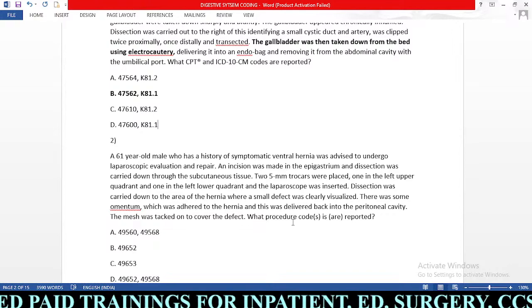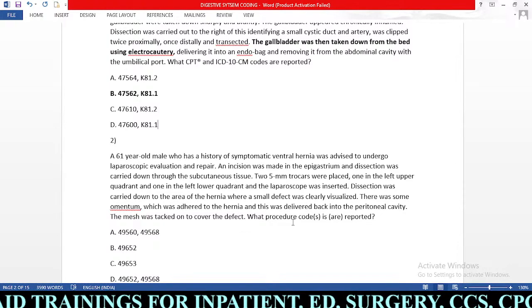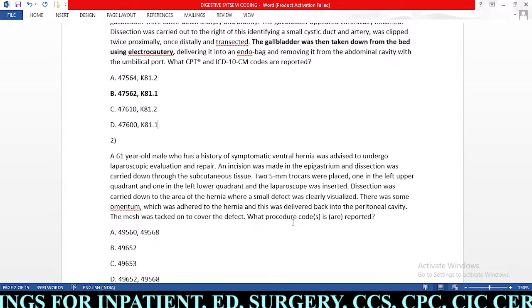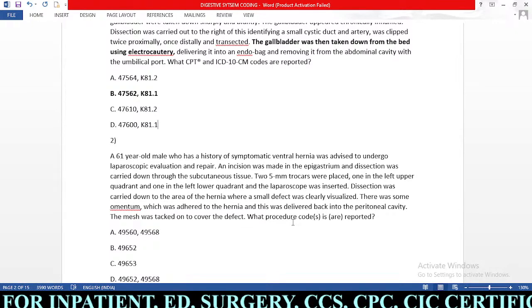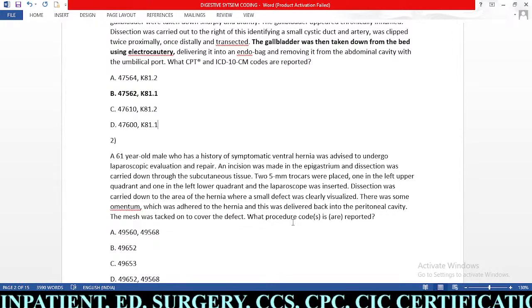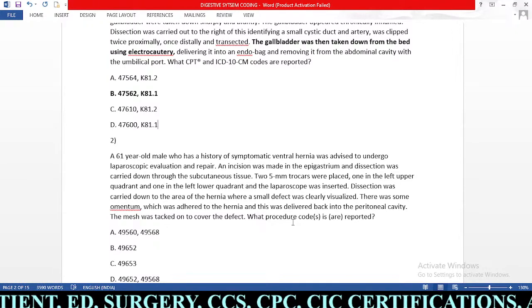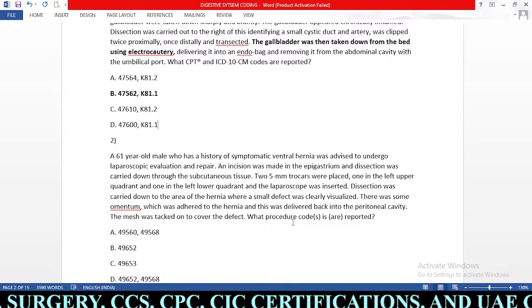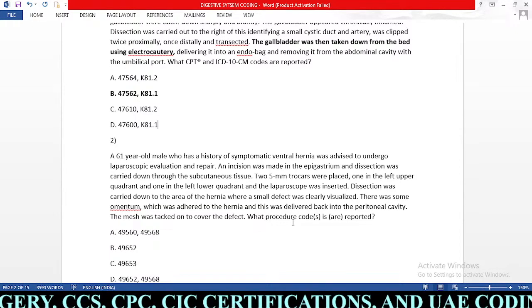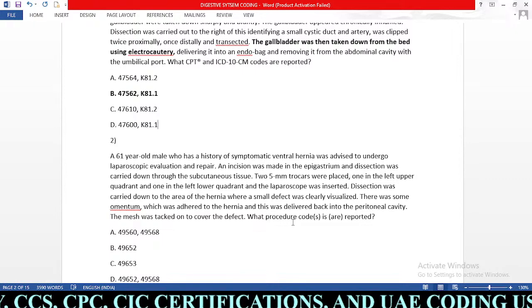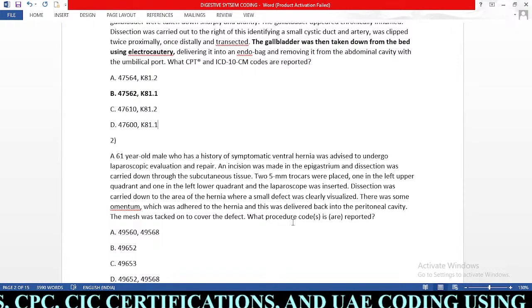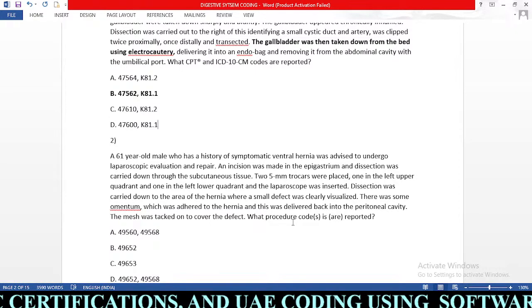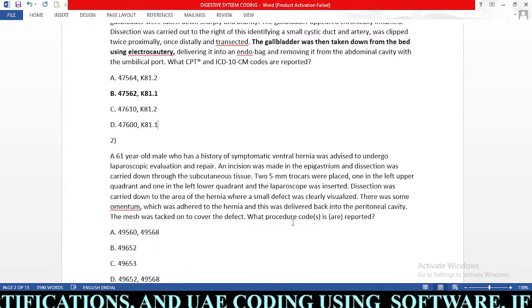So try to find the keywords first. Yeah, no worries, Paramila. We can check the answer.